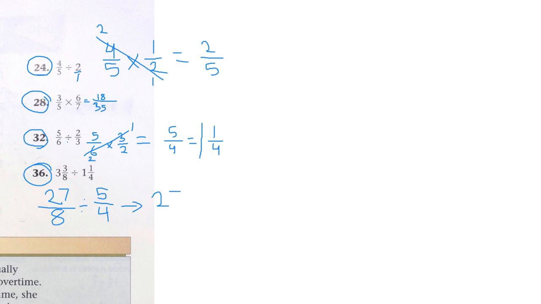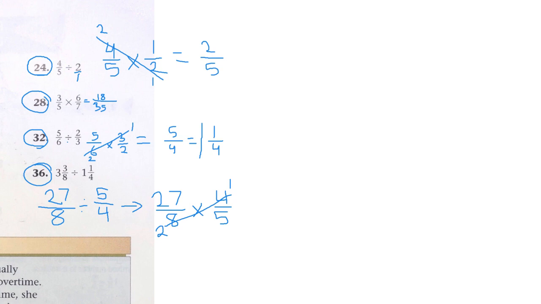The first fraction stays the same. The division sign becomes multiplication. The second fraction, invert. So the 4 goes on top, the 5 goes on bottom. We can cross cancel, divide both of those by 4. 4 goes into 8 2 times, 4 goes into 4 1 time.